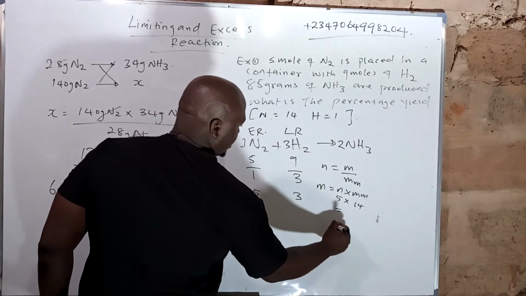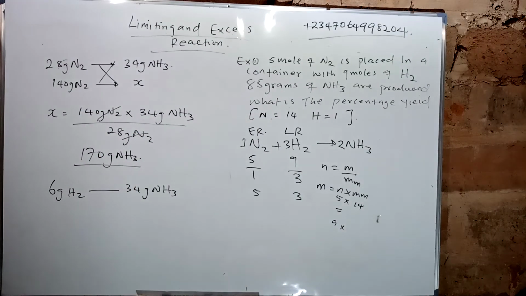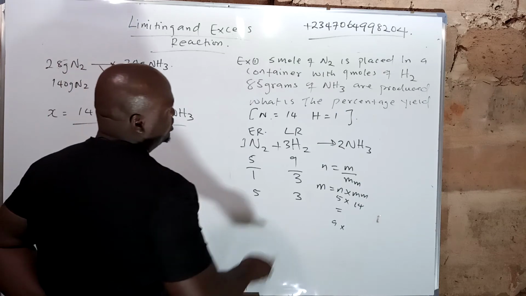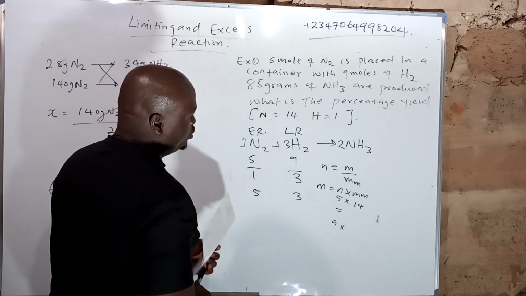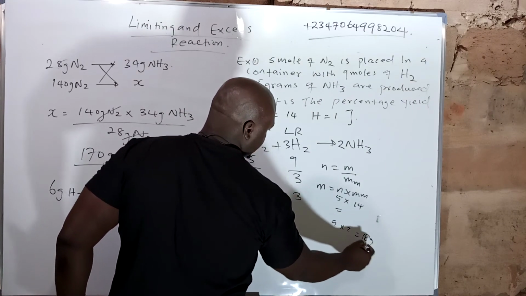And then of course you have 9 moles of hydrogen, right? So 9 times the molar mass of hydrogen, which is 2, since hydrogen exists as a diatomic molecule, that will give you 18 grams of H2.